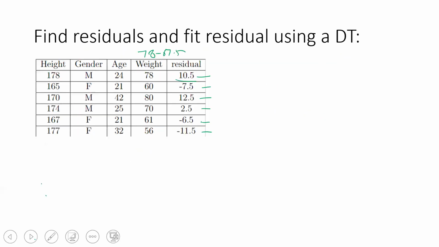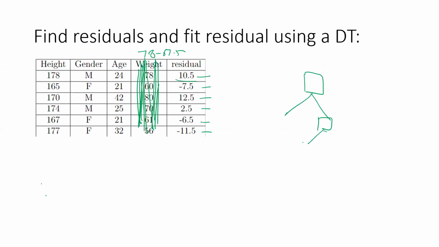What I mean by fitting residuals is that we create the decision tree, but the label is now the residuals. So let's say this is your decision tree. I'm taking only three leaves; generally, 8 to 32 leaves are taken. You are fitting the residuals here.